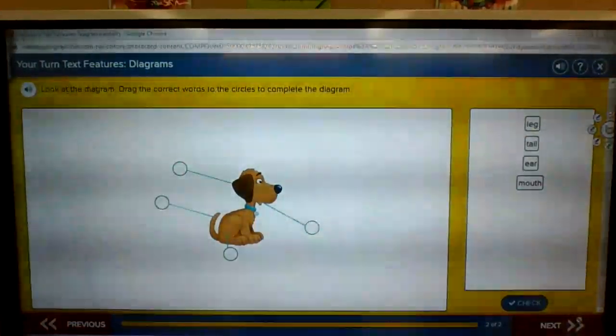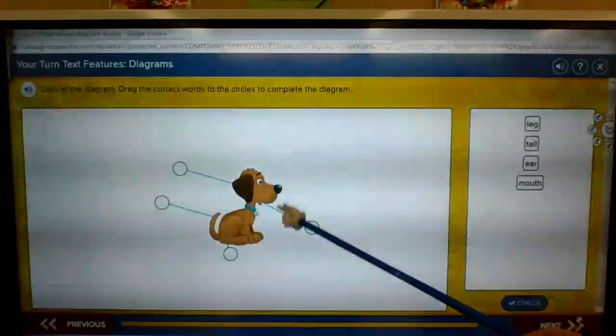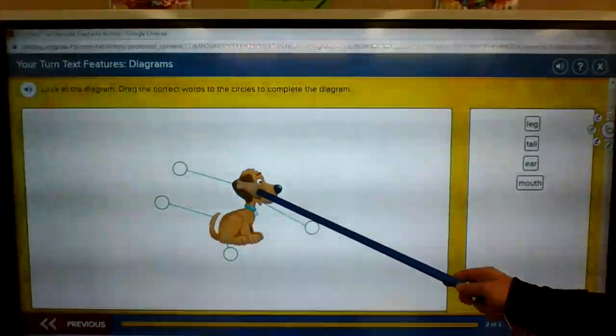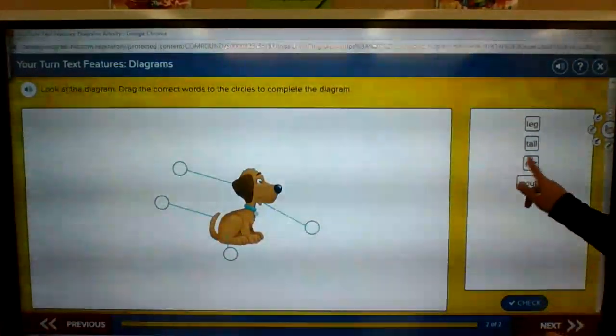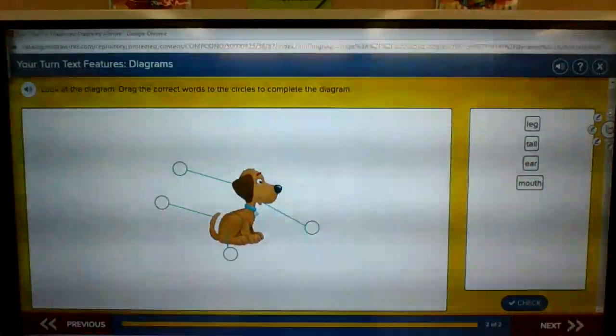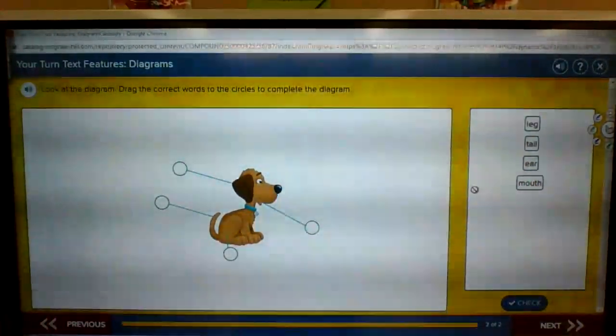All right, here's a dog. It's pointing to the different parts. So what is this right here? His ear, yes. Oh, it's not going to let me. Okay, I'm going to go over here. So his ear.